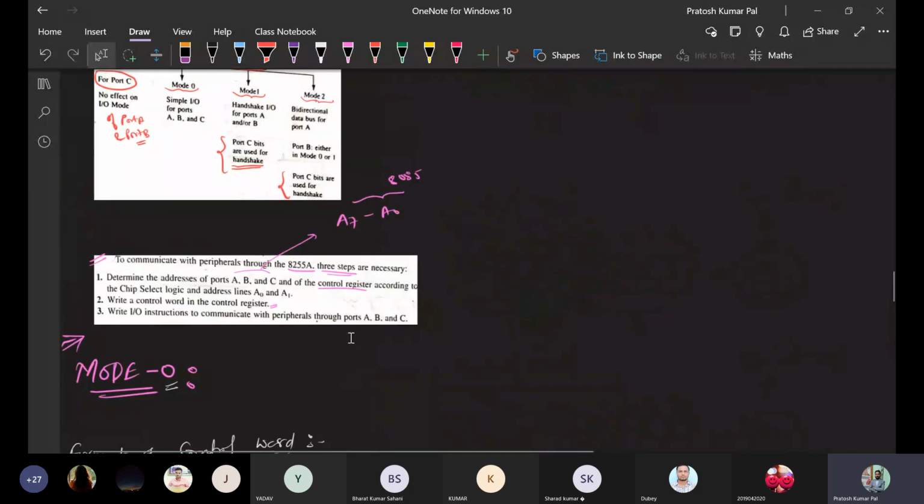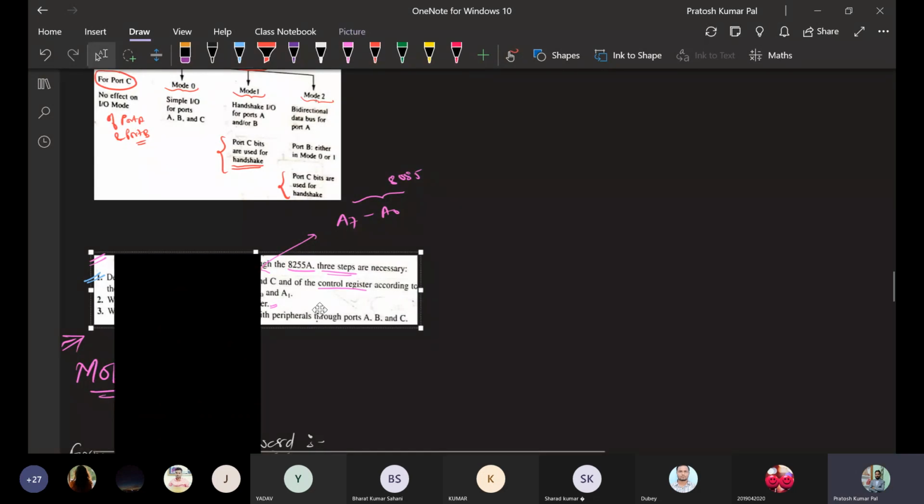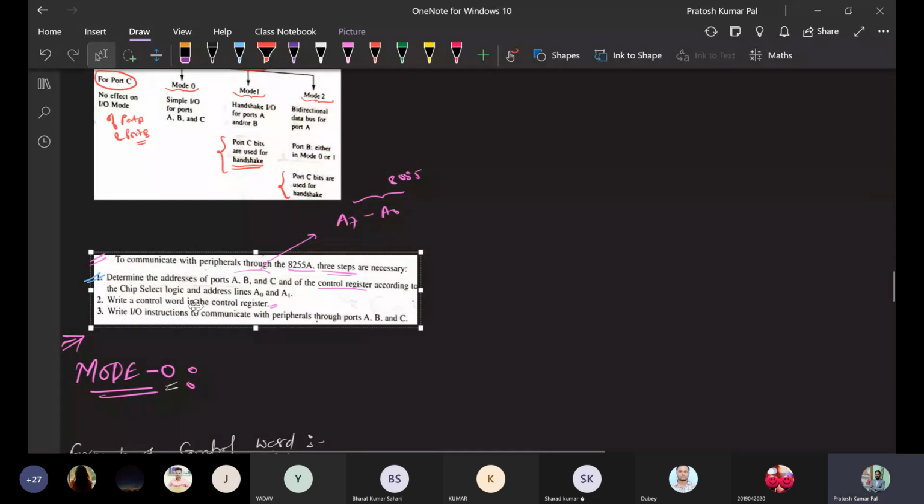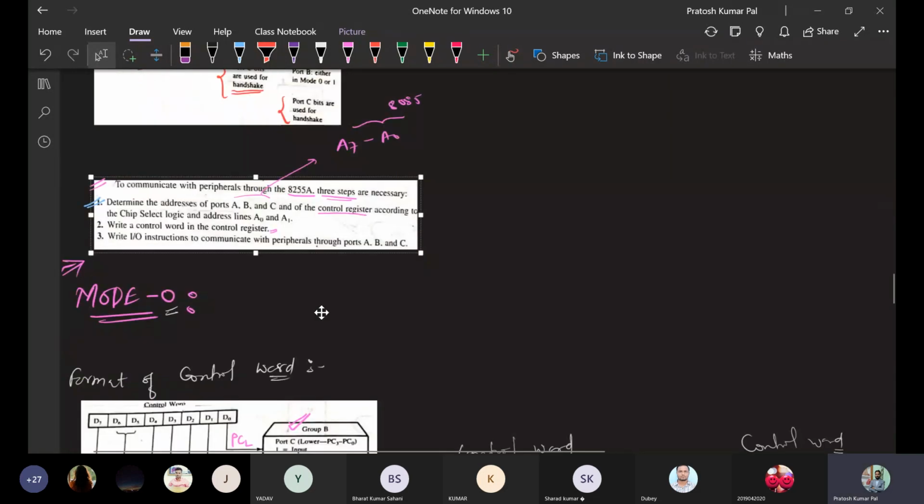First of all, we need to select the address. So what is the address of port A, port B, port C and the control register? Once we know the address, then we will write the control word to the control register. So we have to find out the address also.